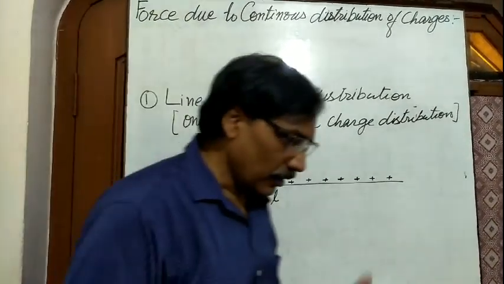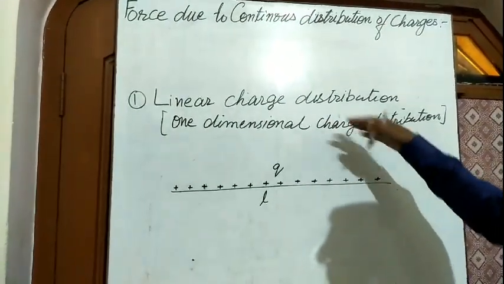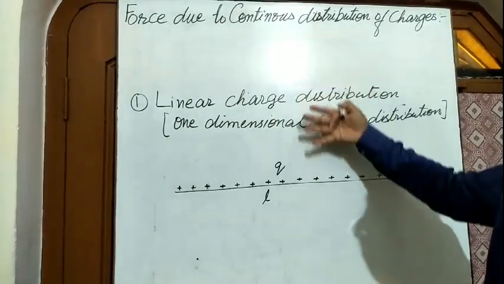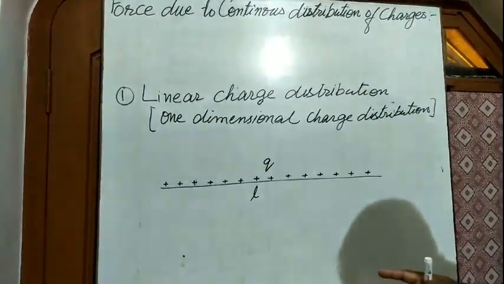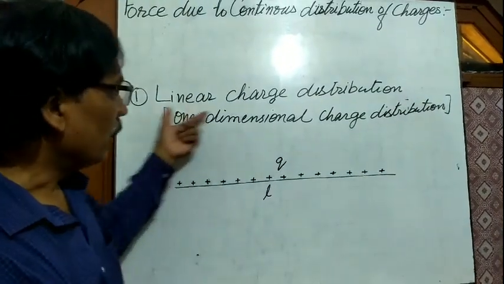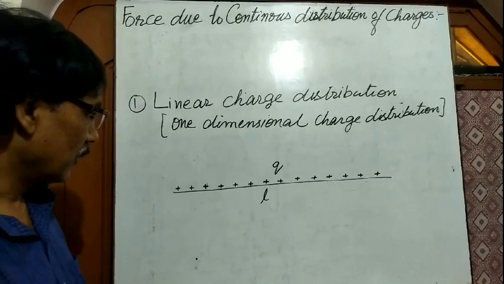Here we will define a term known as linear charge density. Corresponding to the three distributions, we will have three types of charge densities: linear charge density, surface charge density, and volume charge density. In linear charge distribution, we have linear charge density.